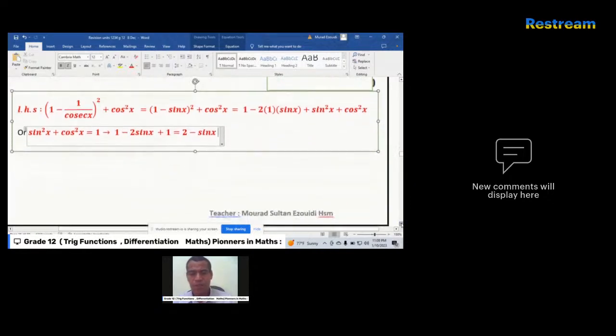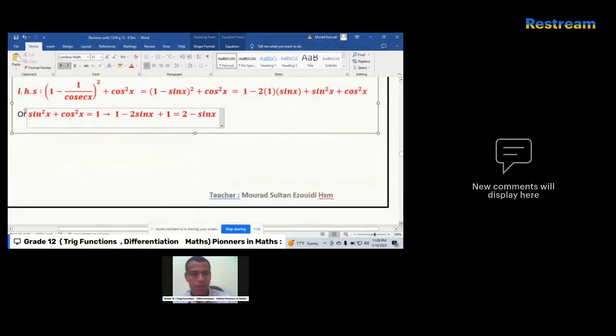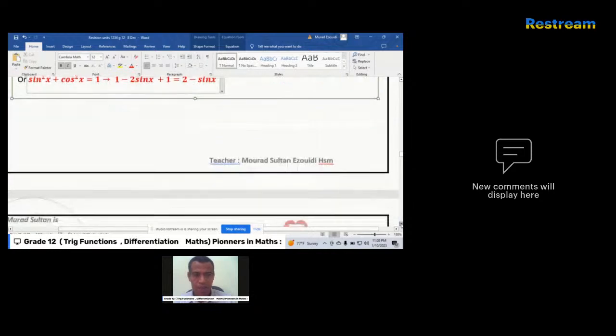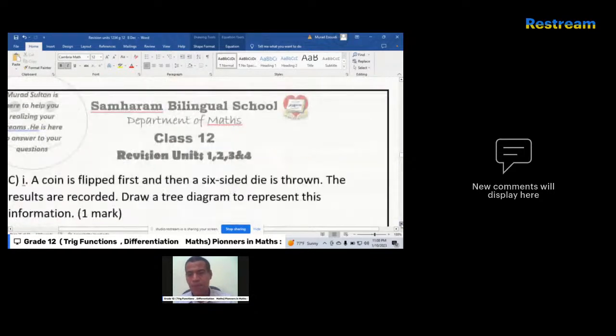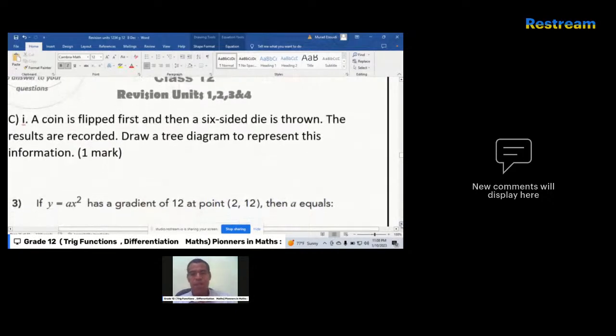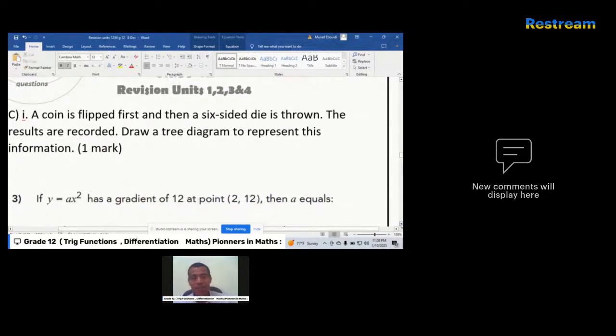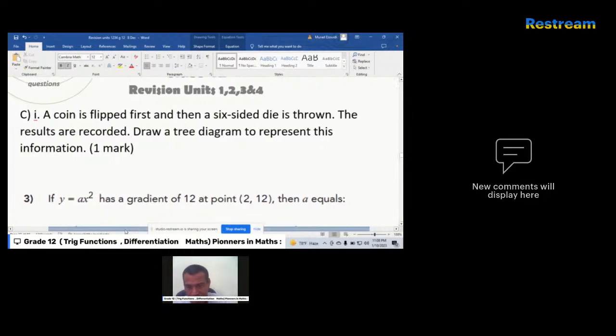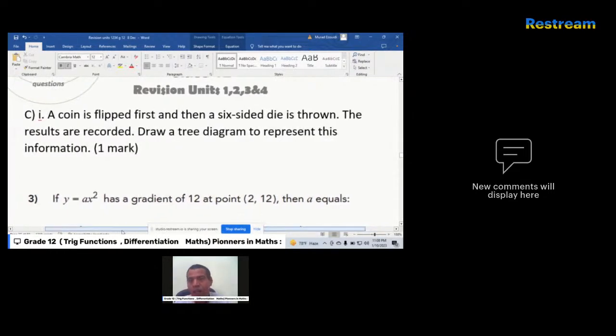The second question is that a coin is flipped first, and then a six-sided dice is thrown. The results are recorded. Draw a tree diagram to represent this information.